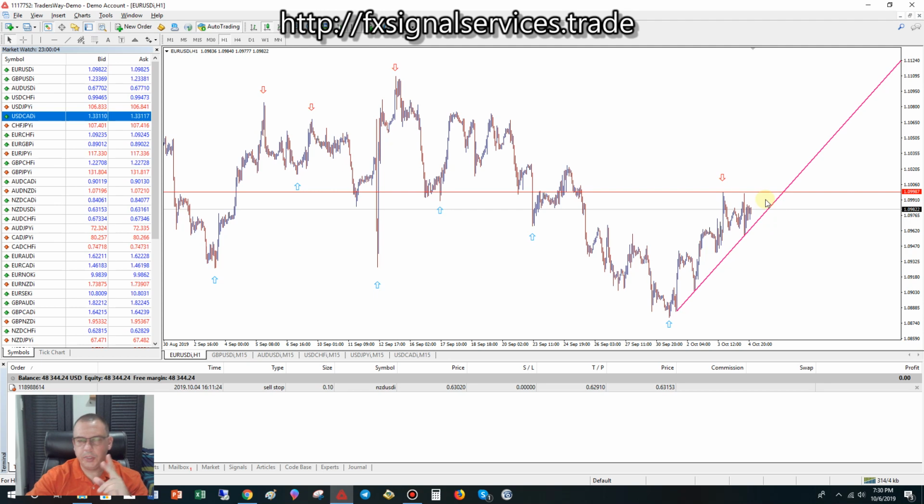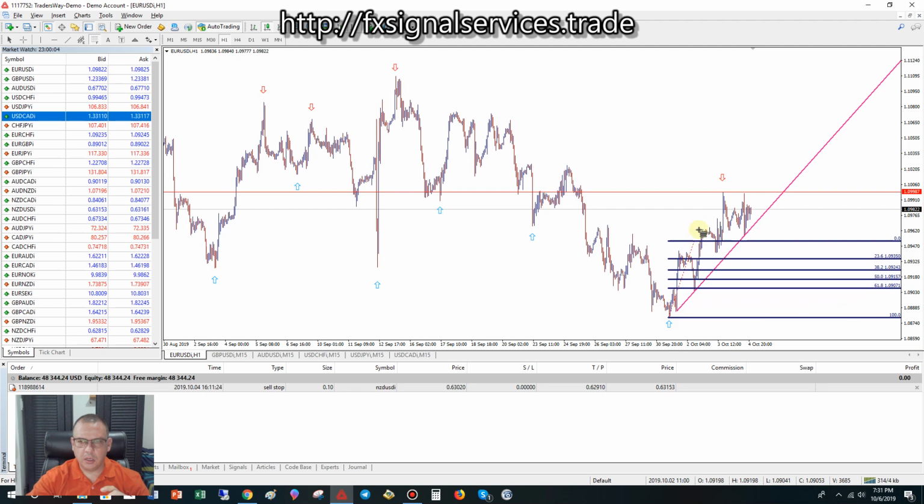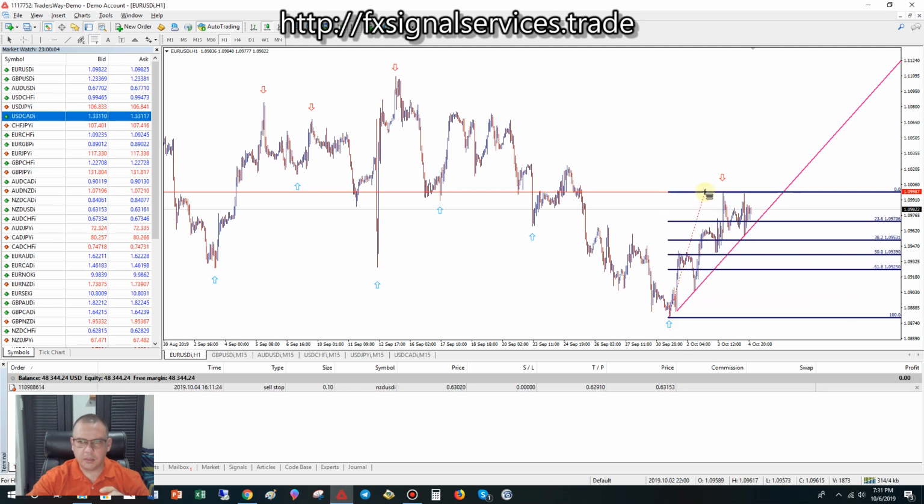I cannot tell you exactly what it's going to do, but what you can do is set pending orders, set 2 pending orders. You can set a buy stop about 100 points above this level of resistance, okay? And you can set a small take profit, or you can set a sell stop pending order below here. And exactly where you would set the sell stop, what I would do is draw a Fibonacci retracement. Go right here, click on the Fibonacci, draw from this down arrow up to this level of resistance, this red arrow, okay?